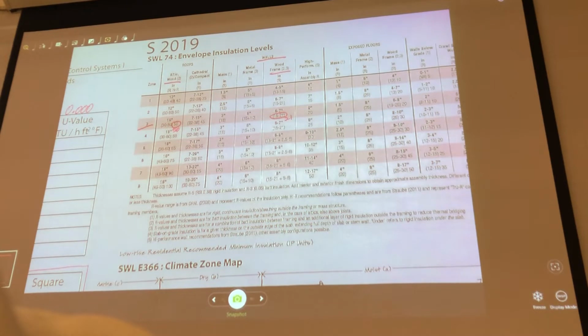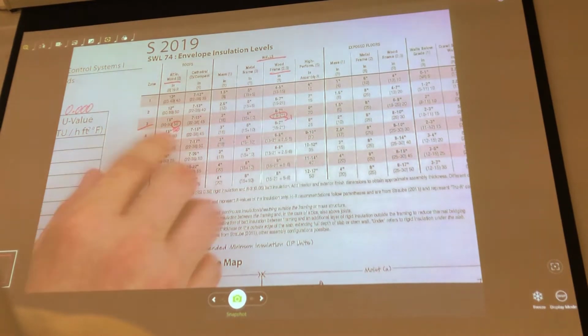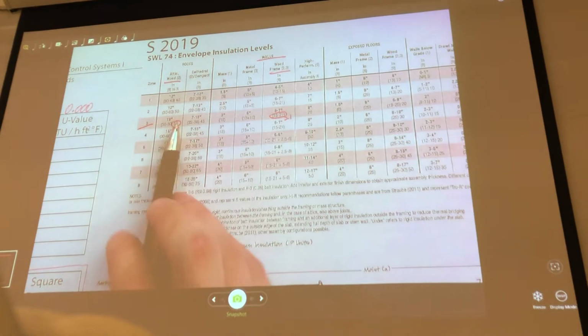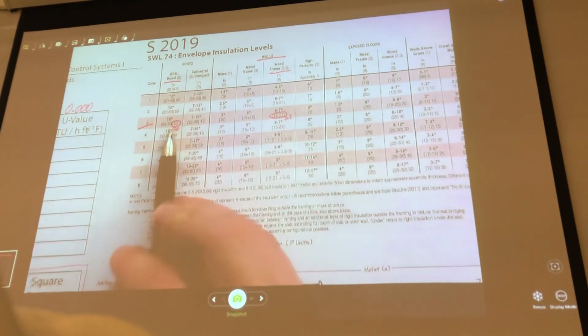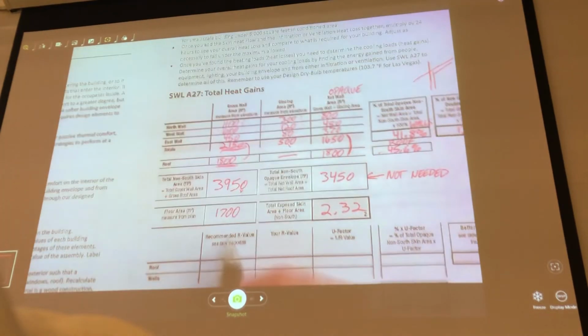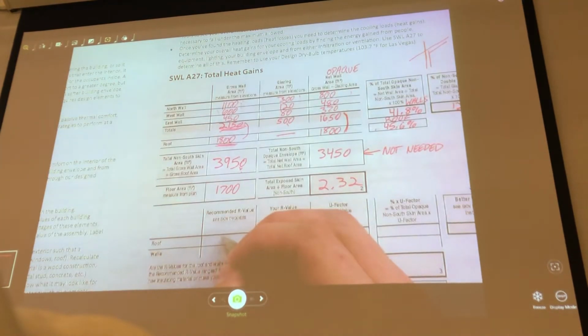It's where we start making stuff bigger and we start taking away square footages from different rooms or different heights or anything like that that's actually occupiable by people, where people start getting upset. So the greater our numbers are for preliminary design, the better. So I'm going to go with recommended R50 minimum. So recommended for my roof is an R50.